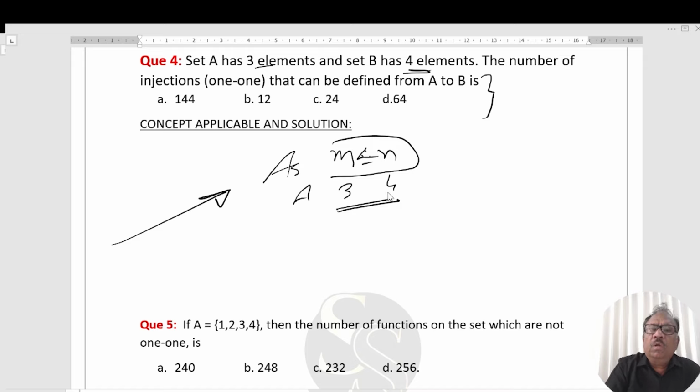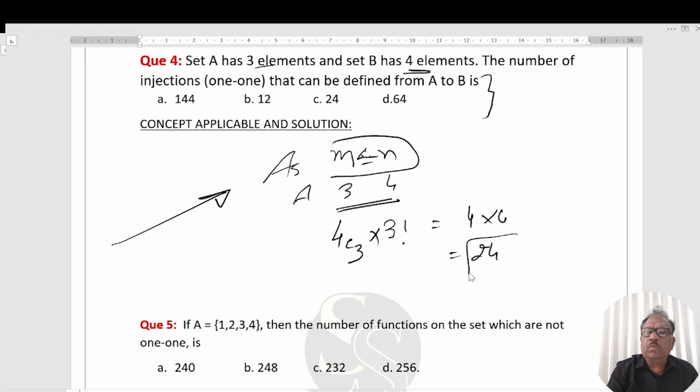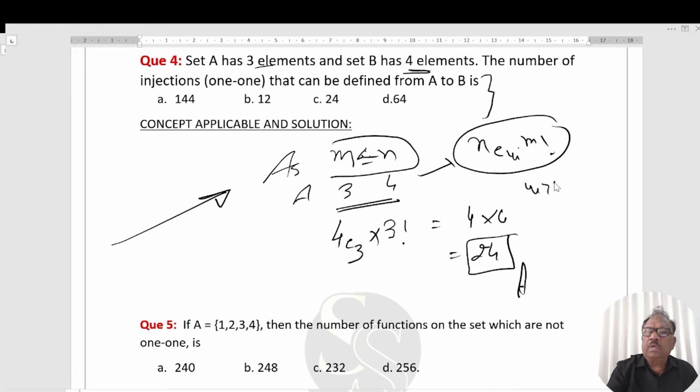So first of all, out of 4 we have to select 3, 4C3, into the selected ones are to be arranged, factorial 3. That is 4 into 6, that is 24. What is the formula for this? nCm into factorial m. If m is greater than n, the answer is 0.